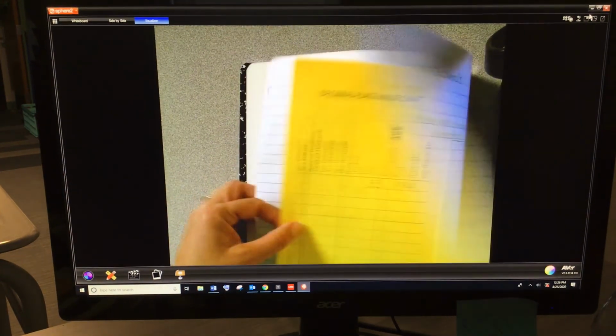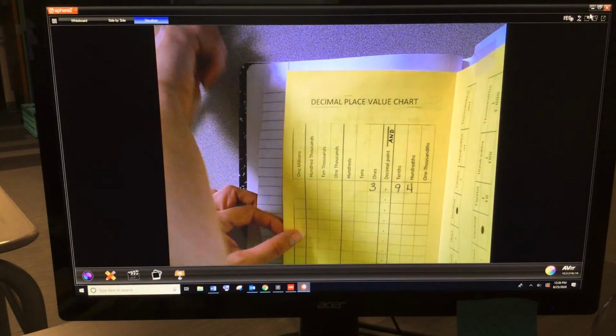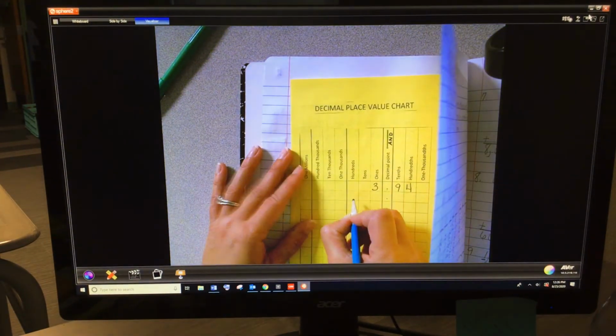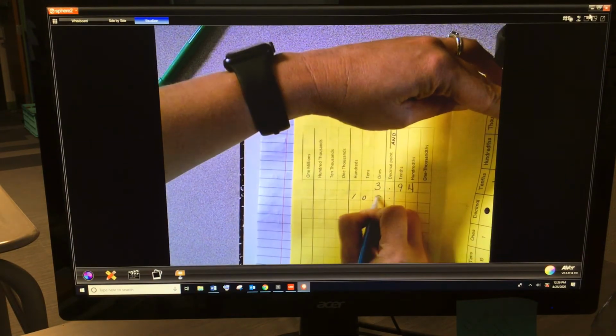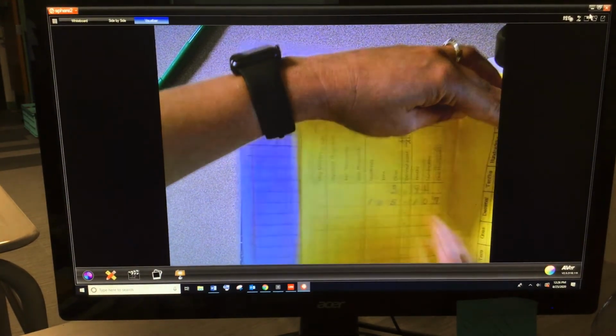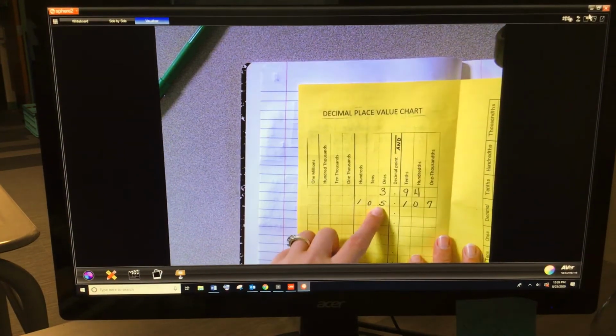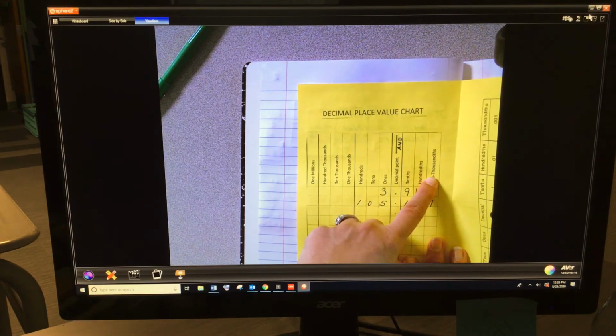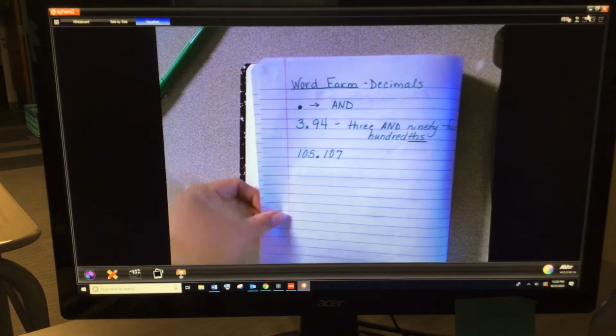So let's open back up to our yellow, back to my pencil. It said we had 105 decimal 107. So 105 and 107 what? Thousandths. Thousandths.